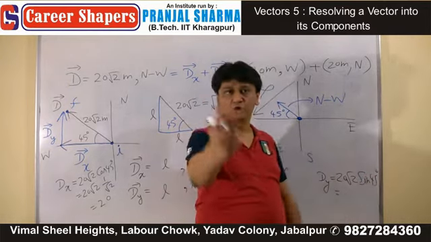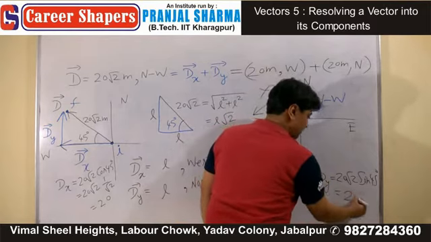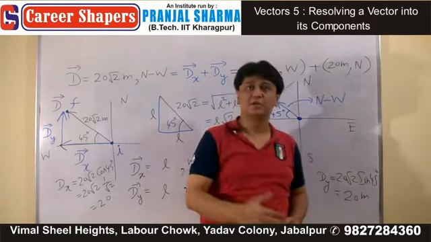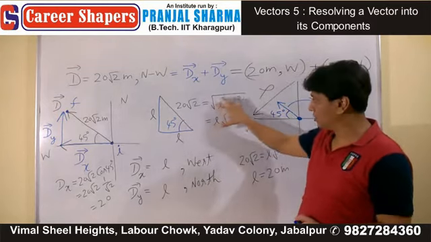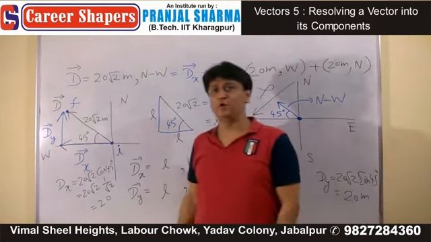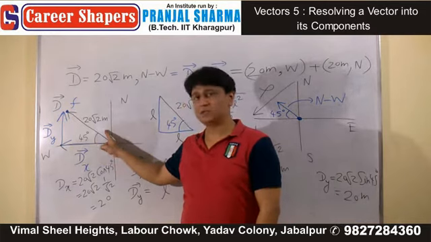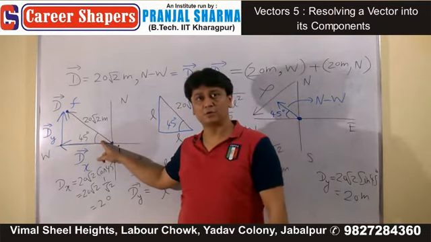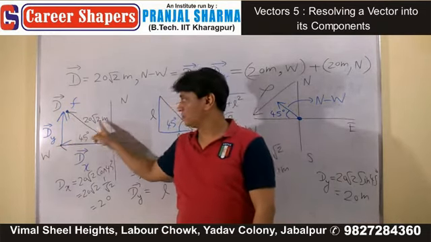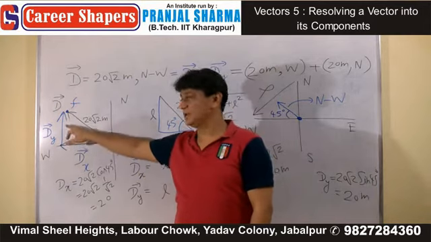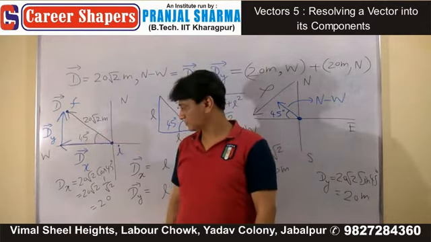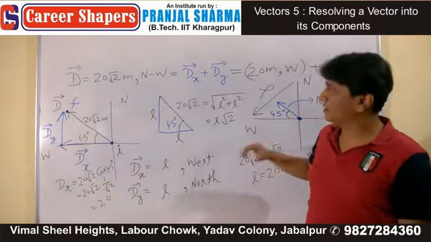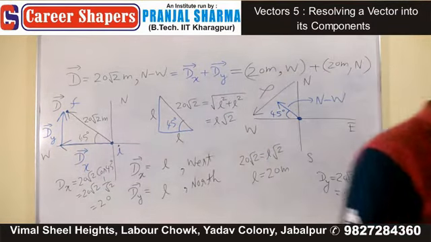Sine 45 is also 1 by root 2. That gives us 20 meters directly. You don't have to make this triangle again and again and use this analysis. Simply, what is this length? This multiplied by cos. What is this length? This multiplied by sine. And then the directions. Put down everything and then we'll take the next example.